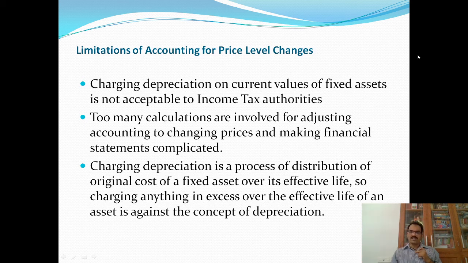That is the equation used for calculation of depreciation. So charging anything in excess over the effective life of an asset is against the concept of depreciation. So charging depreciation on the basis of current cost method is against the concept of depreciation.